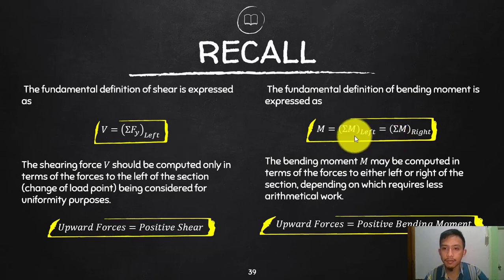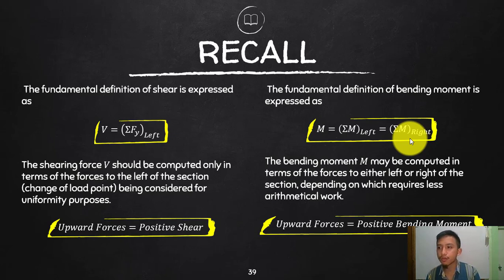And then the summation of moment, on the left or the right. There are times when establishing the value of moment, especially if we are just plotting the shear and moment diagram by the semi-graphical method, we do not need to pass through the shear and moment equation. We can mix the summation of moment on the left side. If the section has fewer components of the figure on the left side, then it is faster to compute the moment.